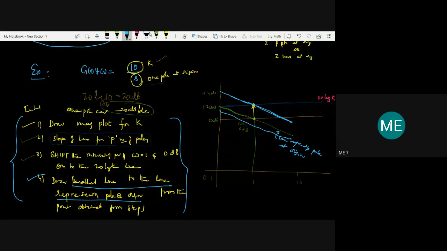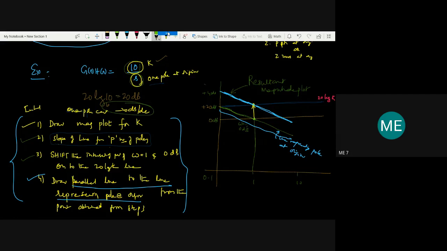Okay. So this is the initial Bode plot line. This is what we can call the resultant magnitude plot. Resultant magnitude plot in the sense that it is a combining of K as well as the pole at origin.